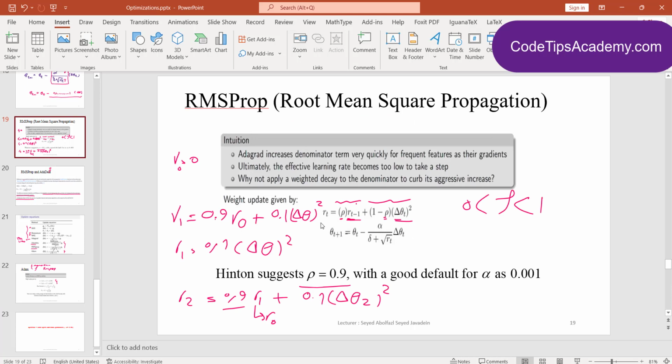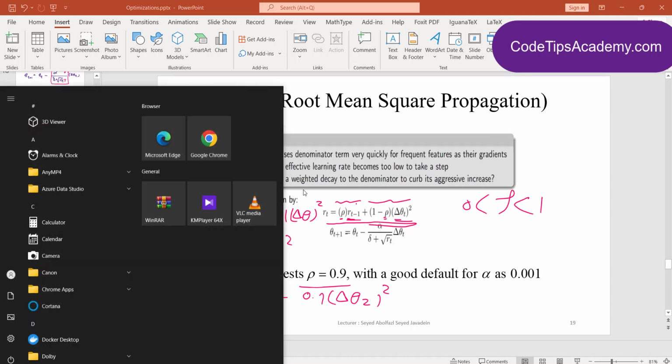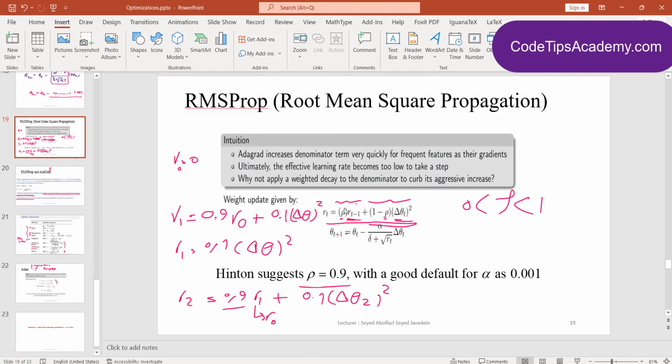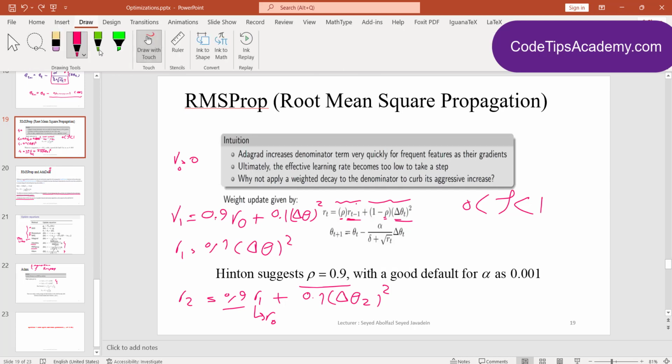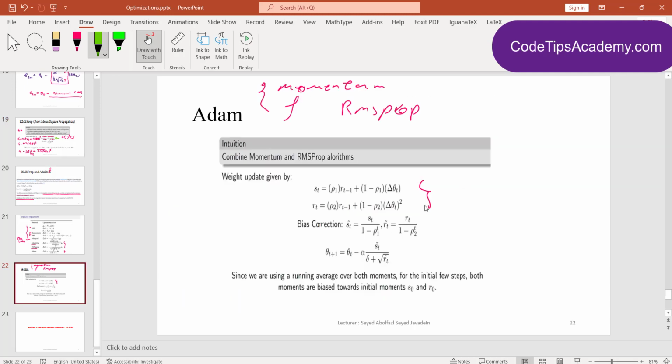This is the RMSProp formula. You can see it here, and we have this in Adam here.